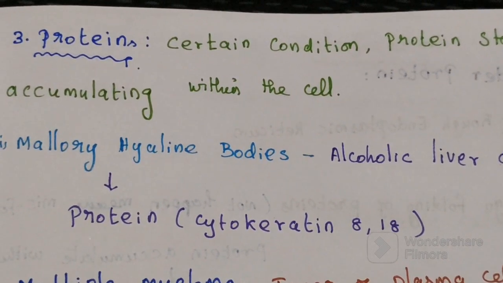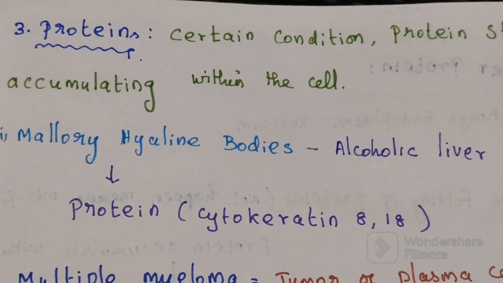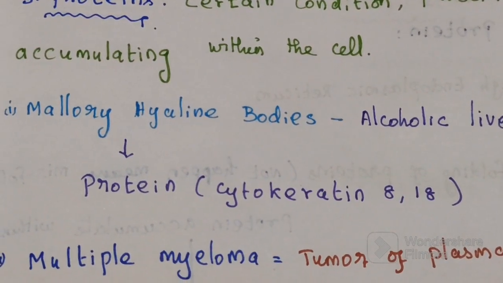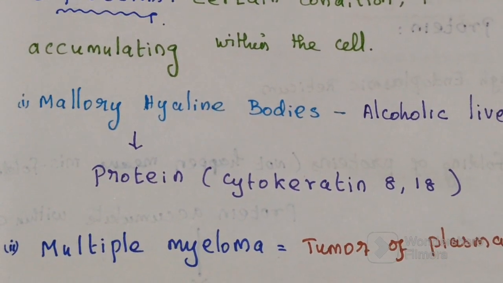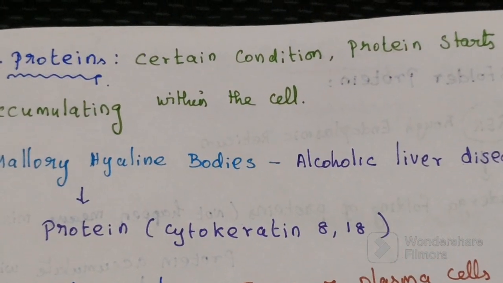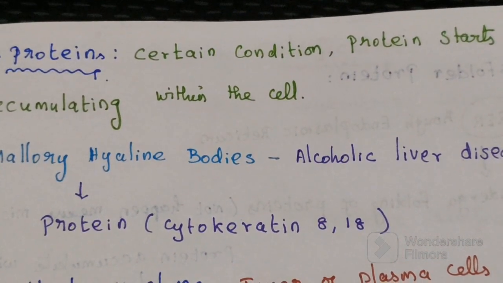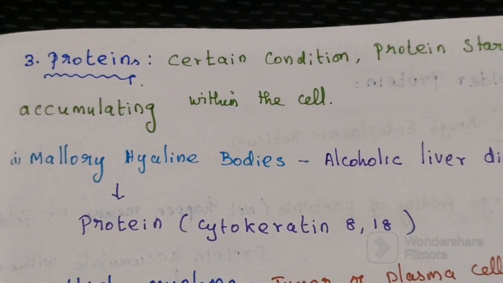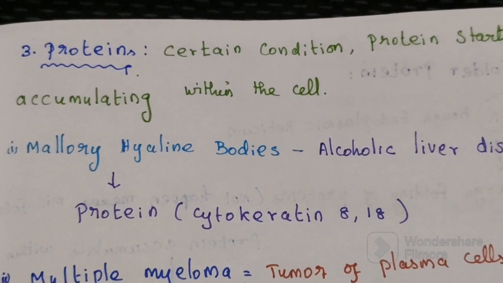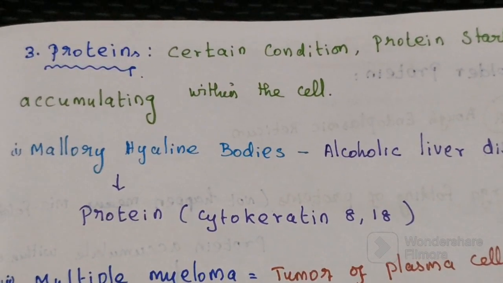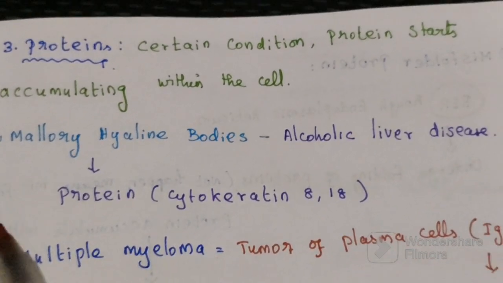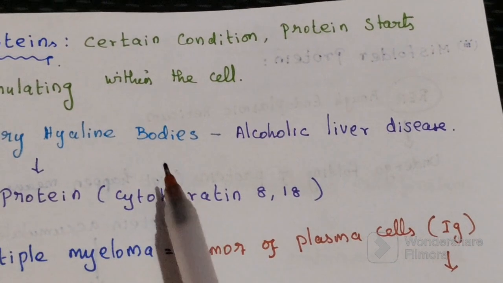Next, second category, third one is protein. What we need to know about this protein? These are the certain conditions in which protein starts accumulating within the cell. The first condition is something known as Mallory-Hyaline bodies.